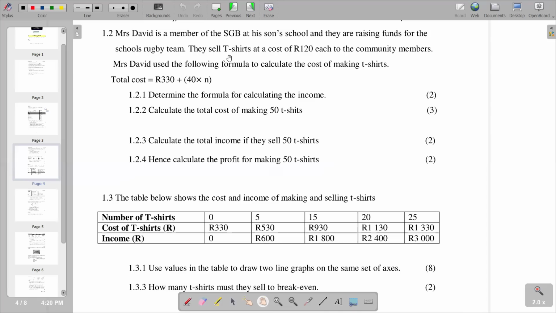the school's rugby team. They sell t-shirts at a cost of 120 rands each to the community members. Miss David used the following formula to calculate the cost of making t-shirts. Total cost equals 330 rands plus 40 times N. So this is the equation that we are given. Then our first part of the question: determine the formula for calculating the income.